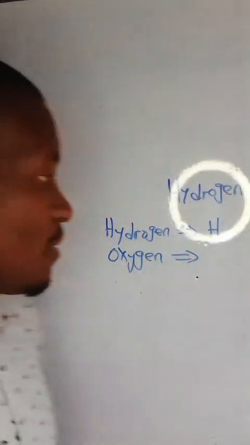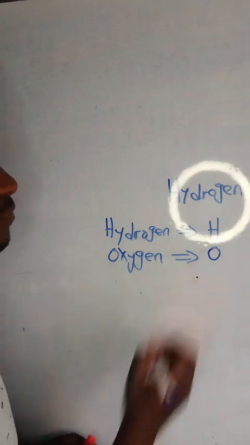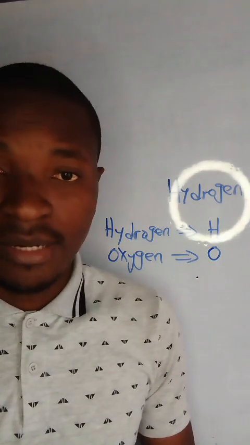Now, once you understand that, it becomes very simple to combine O plus H. You are going to get H2O.